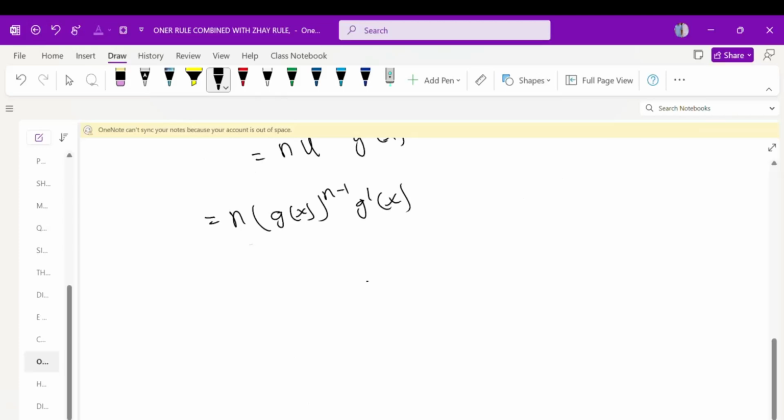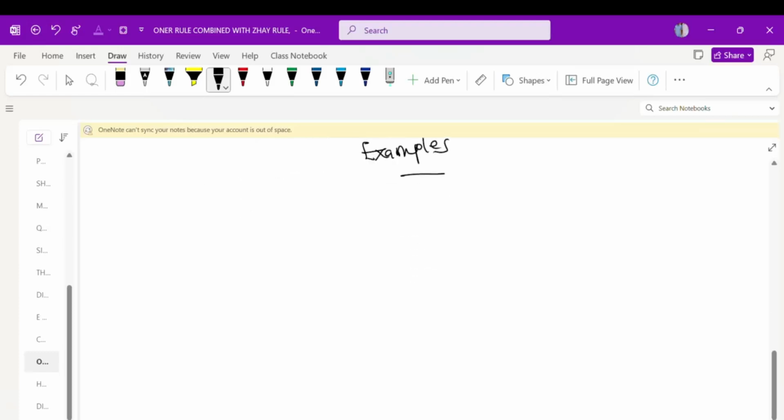Okay, so let's have some examples. Now, we are to find the derivative of y is equal to root of 1 plus x squared.